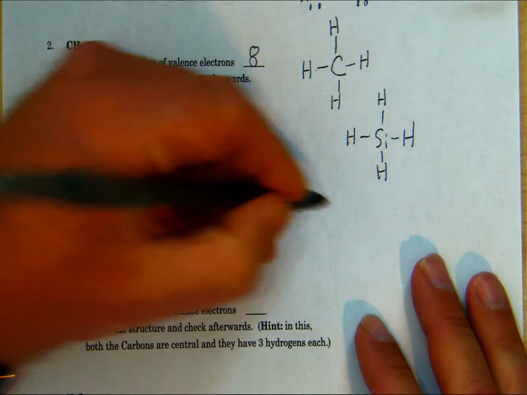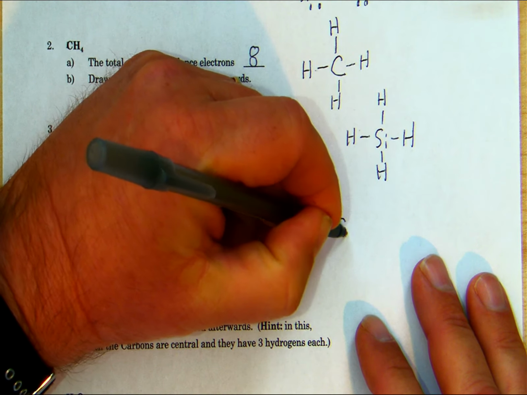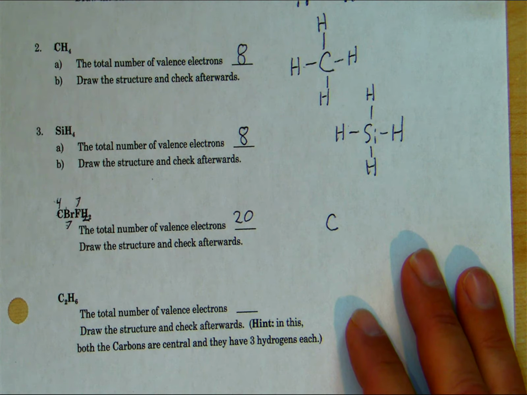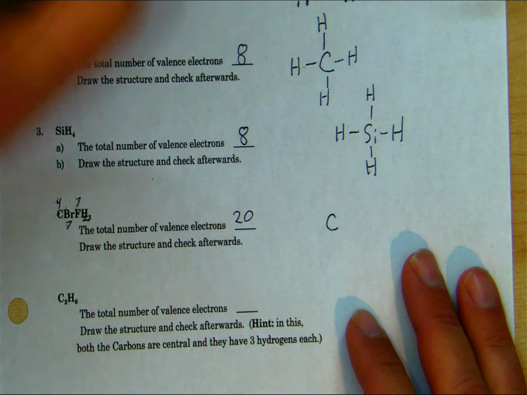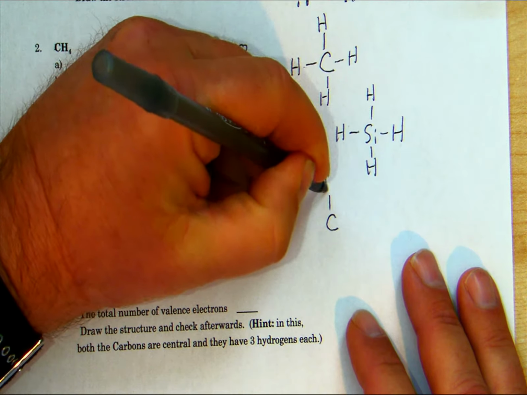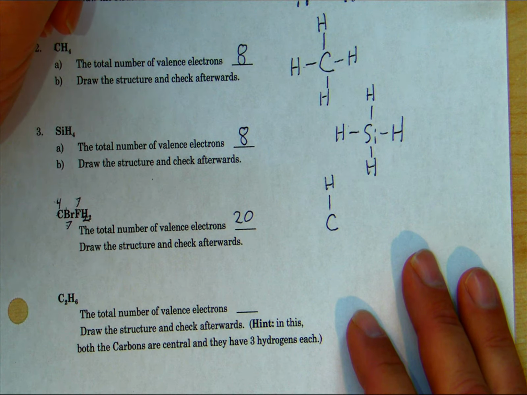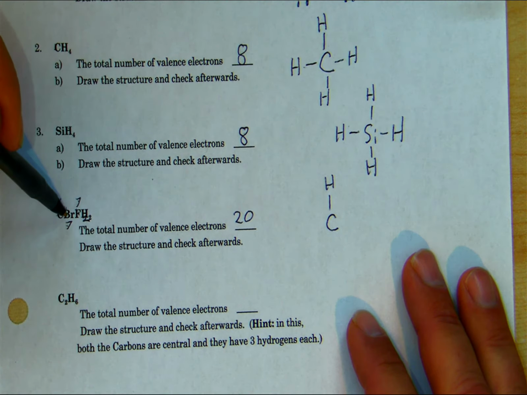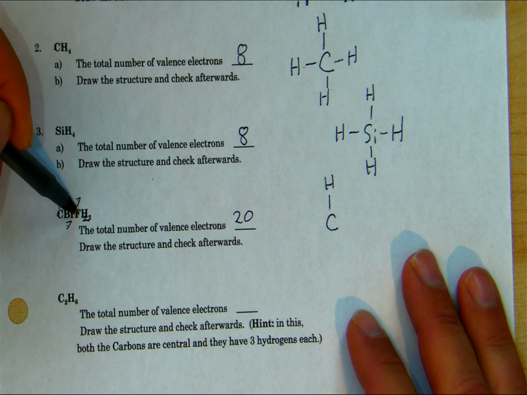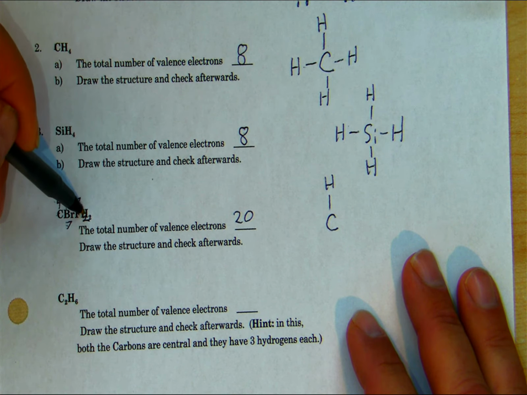I would put the carbon in the center of the structure. For the hydrogens, bromine being a halogen is only going to bond to one other atom. Same is true for fluorine, same is true for the hydrogens.